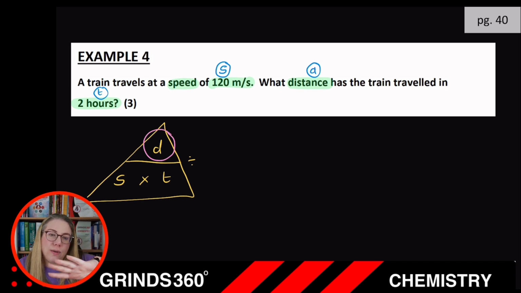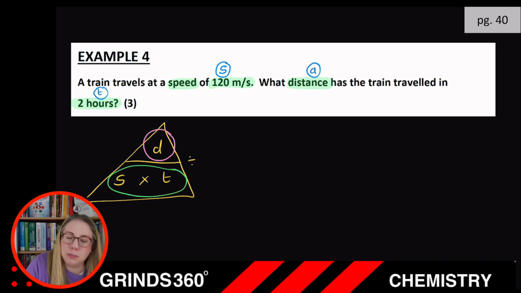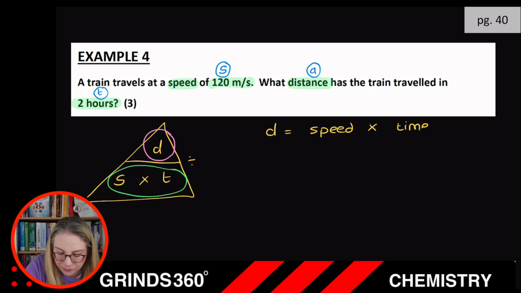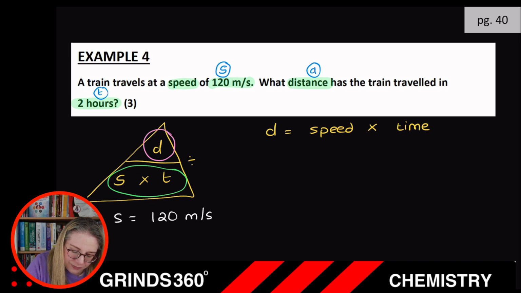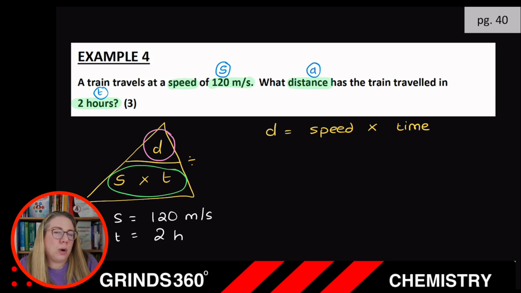Now, cover over D on the triangle, so that means you need to take the speed and multiply it by the time. So your distance is equal to speed multiplied by time. So based on the information, the speed is 120 meters per second. The time is 2 hours. Now, we're going to have a problem here.